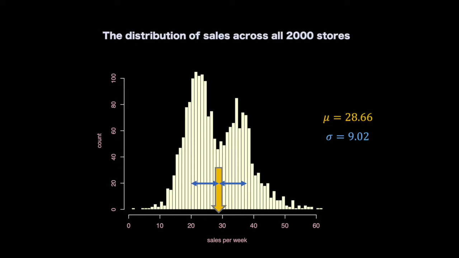In this case, we can summarize it with the variance, or as I have written here, the standard deviation. It's 9.02. So these two numbers tell you something about the average number of sales and also the dispersion around that mean.